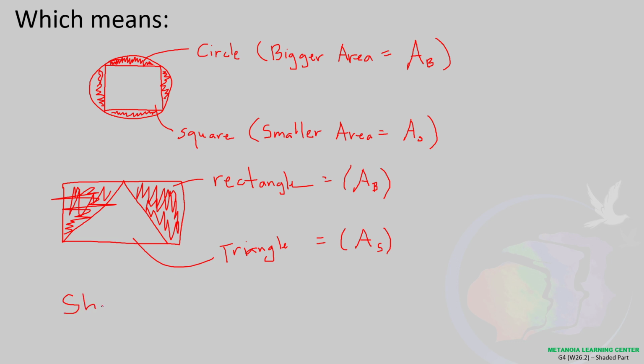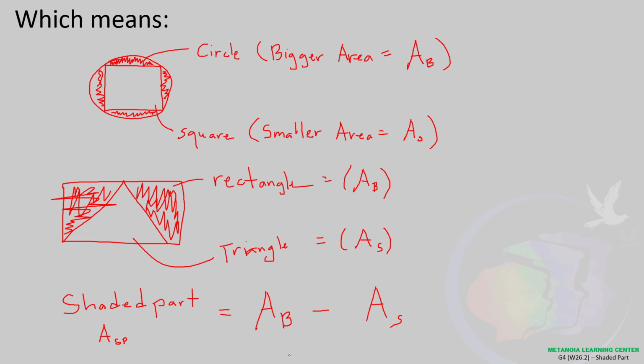The area of the shaded part, or we can note this as area small sp, is equivalent to the area of the bigger figure minus the area of the smaller figure. So it is fairly easy, just basic. One should be able to learn how to identify the bigger or smaller area. Okay?